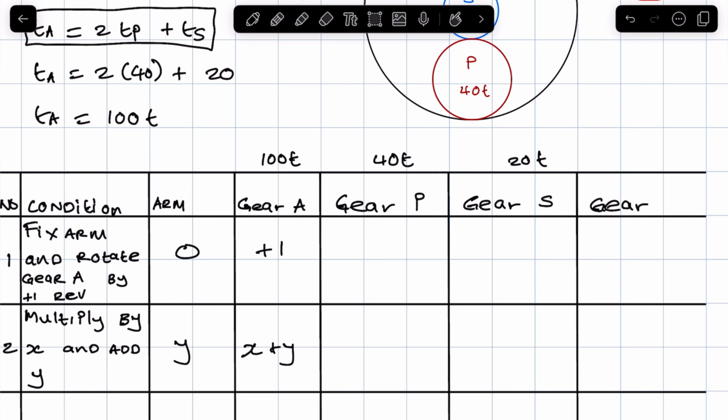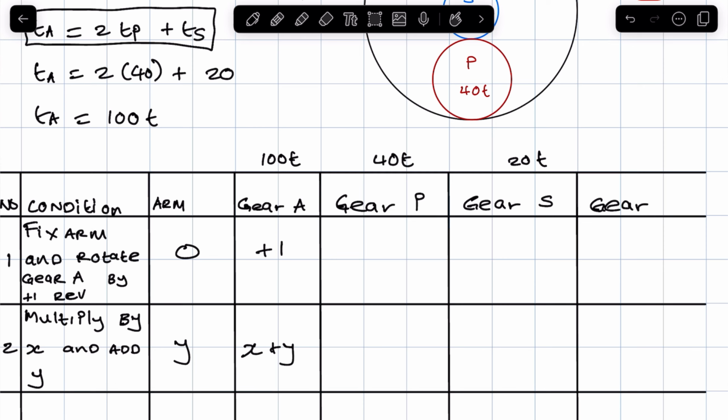Now we look at how this affects the rotational frequency of the other gears. So if the arm is fixed and gear A is being rotated by 1 revolution, what then becomes of the rotational frequency of gear P as well as gear S?